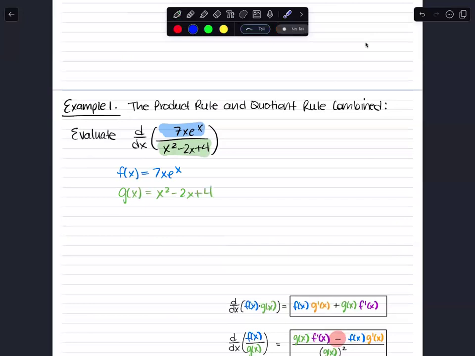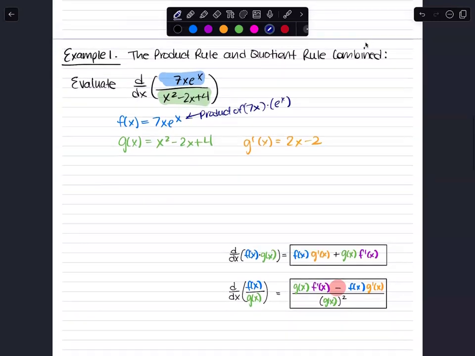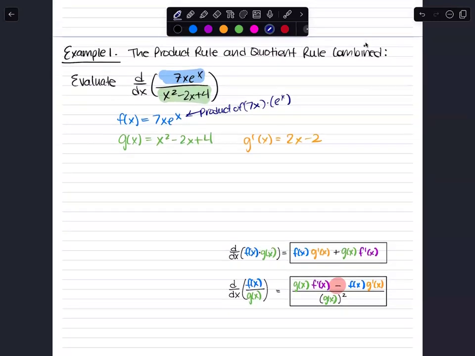Now, looking at g of x, that is a polynomial. I can differentiate this using 2 power rules and the constant rule. This is 2x minus 2. But looking at f, and this is where it becomes really important to be able to recognize the rules that you need. Finding f prime here, this is going to require a product rule. This is the product of 7x, a function of x, times e to the x, a function of x. So this is where the multiple rules come in.